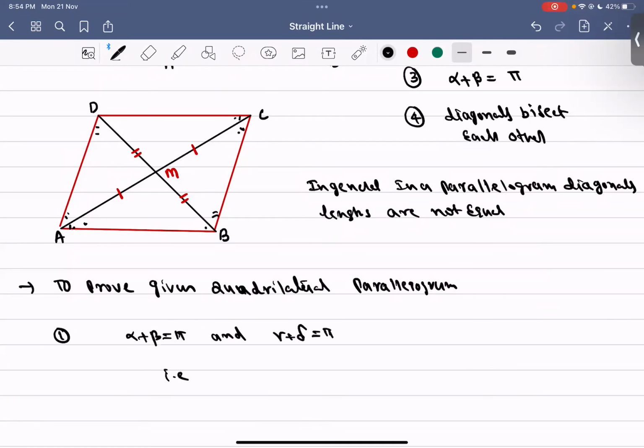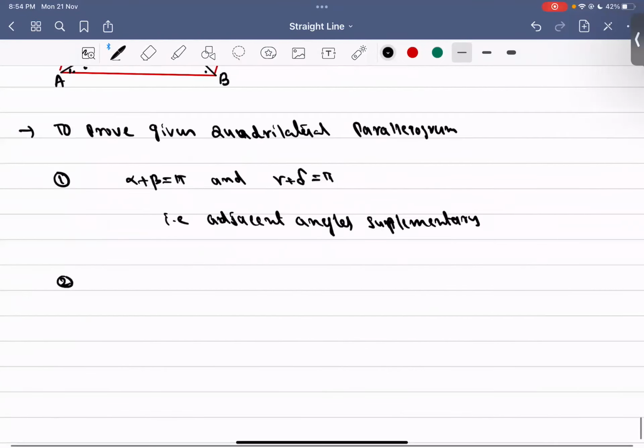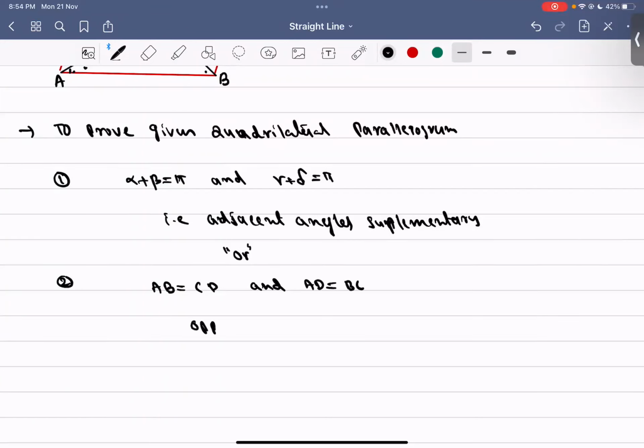That implies adjacent angles are supplementary. Either you prove this one or you can prove like this: AB length is equal to CD and AD length is equal to BC. That implies opposite pairs are equal.